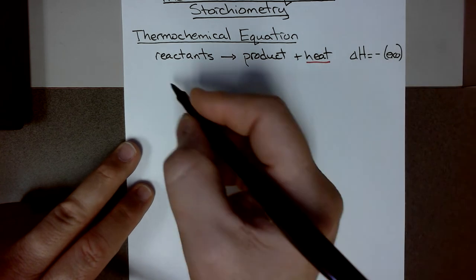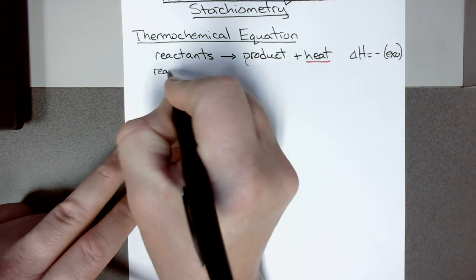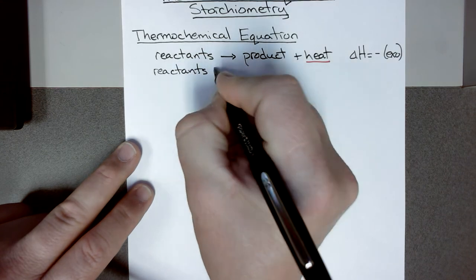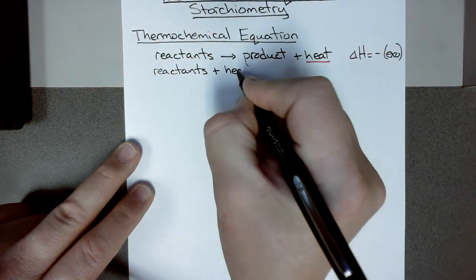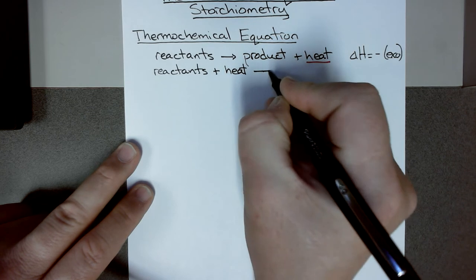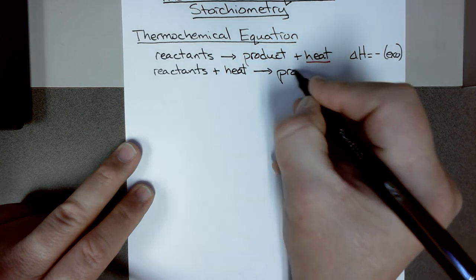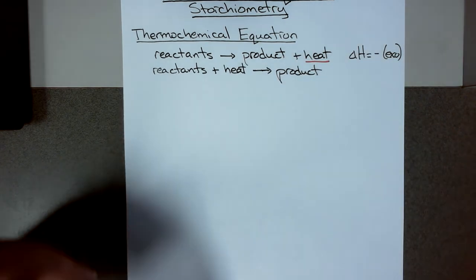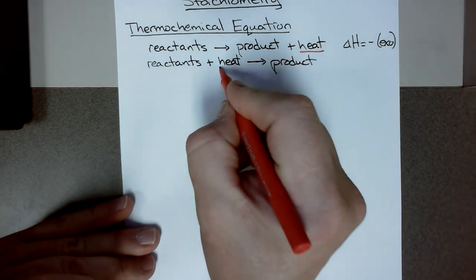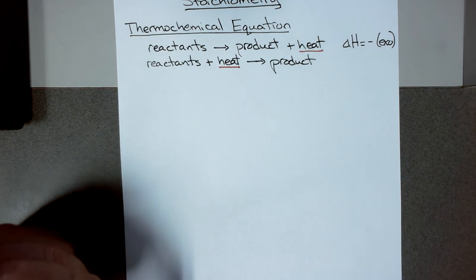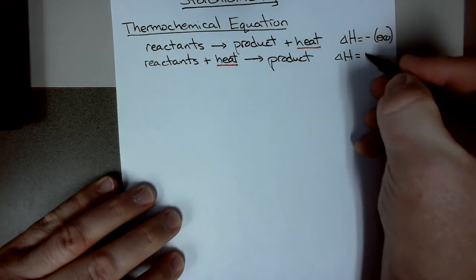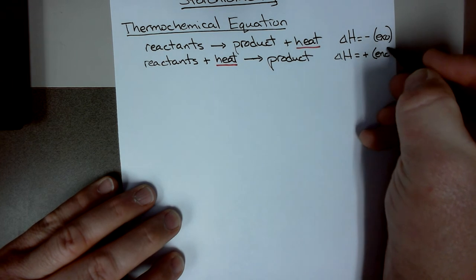Now, if we have reactants plus heat produces product, as a thermochemical reaction, the heat is now written on the reactant side, and so the delta H will be a positive value and it will be endothermic.